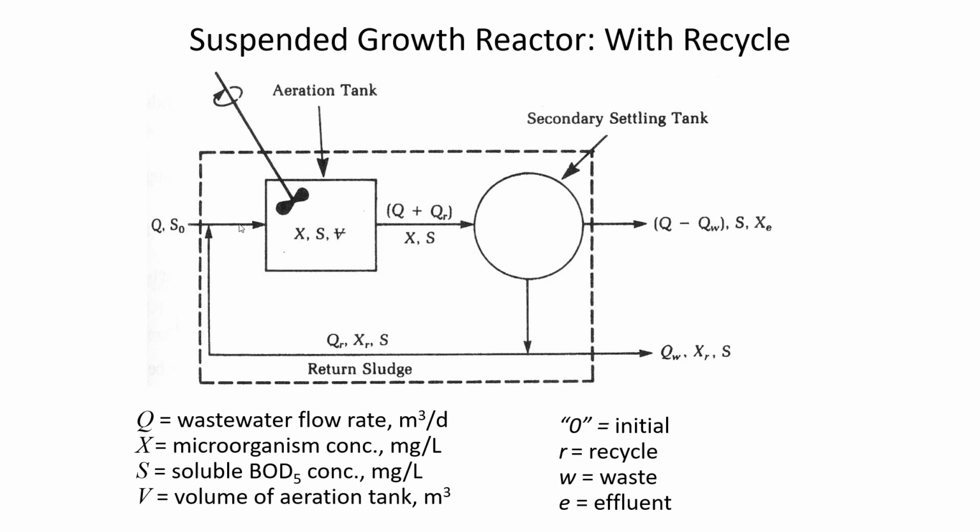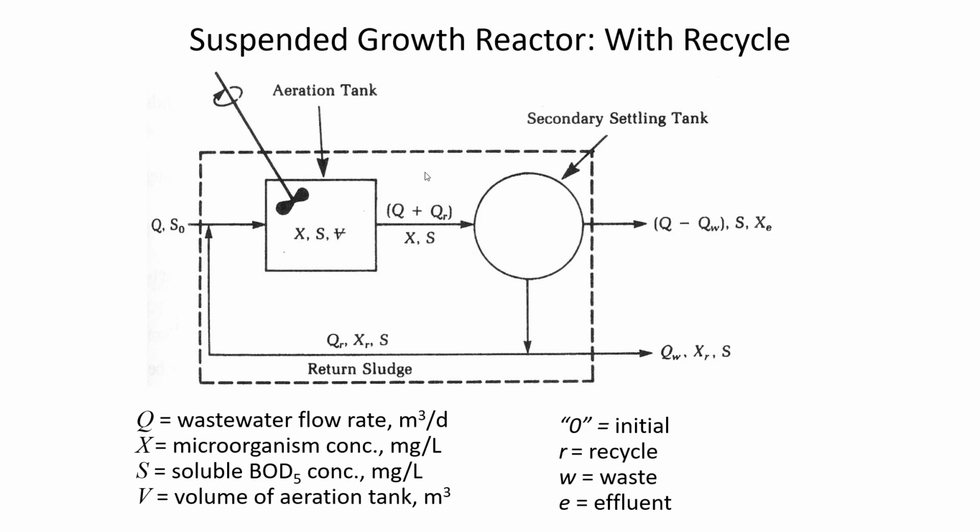So there's actually two streams coming into the aeration tank. There's the water stream from the primary clarifier, and then the sludge stream. So we're re-injecting sludge into the aeration basin so that we have control over X. That's the main reason we recirculate the sludge, is so that we can control the concentration of microorganisms.